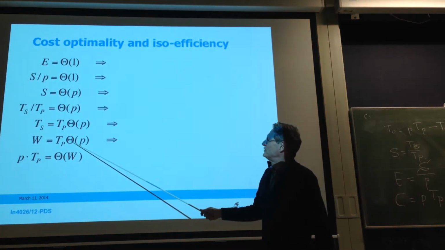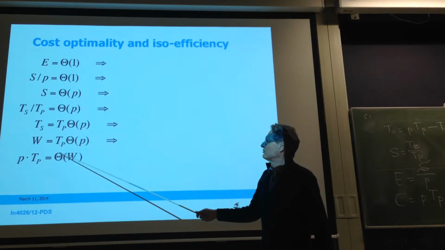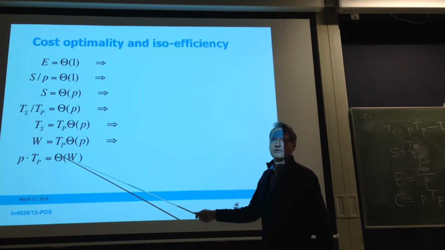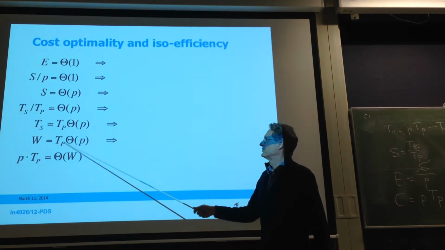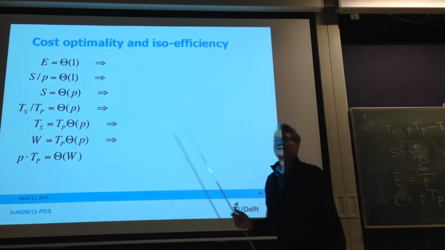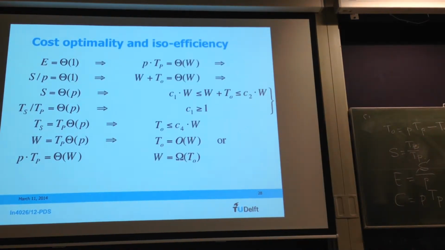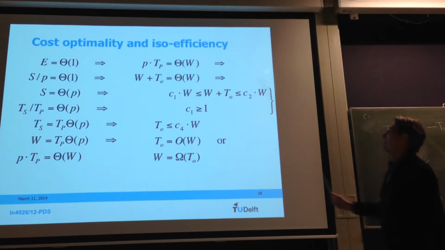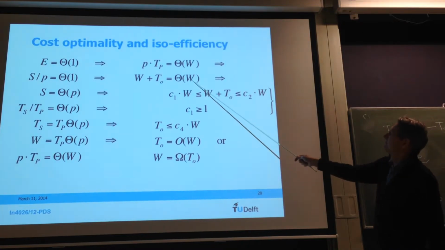We remove the order because of the definition of the order symbol. We may also rewrite this expression by moving it to the other side, so P times Tp is in the order of the workload. Then we replace this one with this definition here.